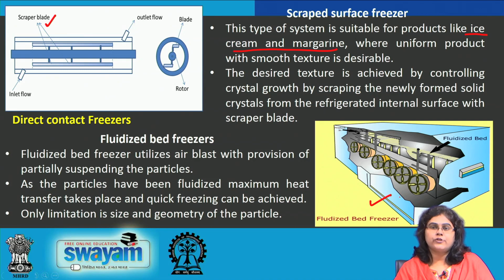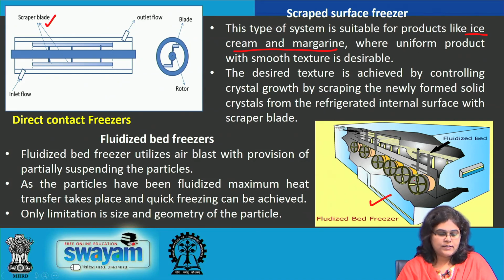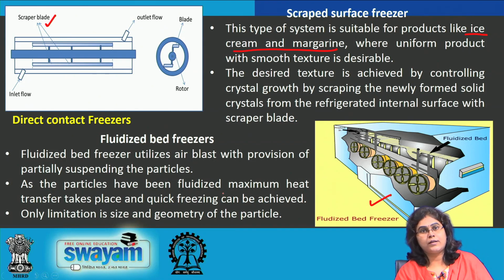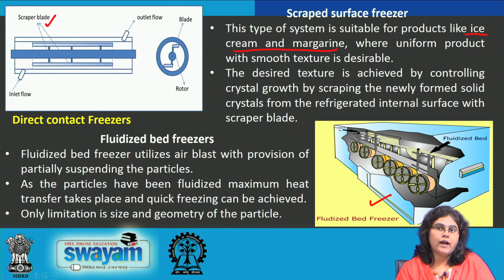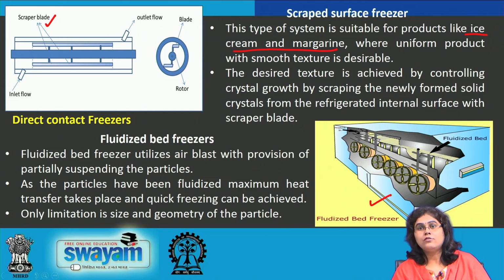Based on fluidization technology, the particles or food materials are suspended in the air stream, and as the particles are fluidized, maximum heat transfer takes place and quick freezing can be achieved. The only limitation is the size and geometry of the particle.